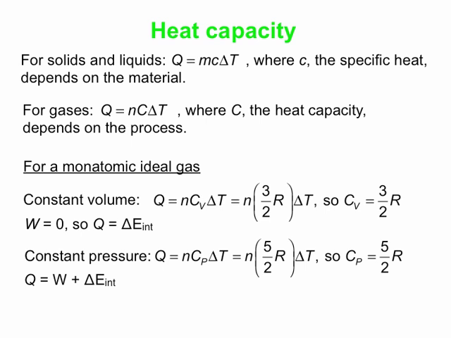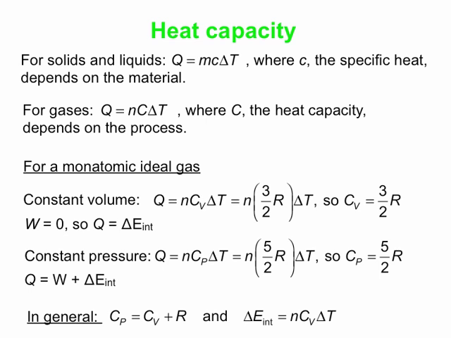So even though the change in internal energy has this equation N Cv delta T that looks like it only works for constant volume processes, it actually is a general result.